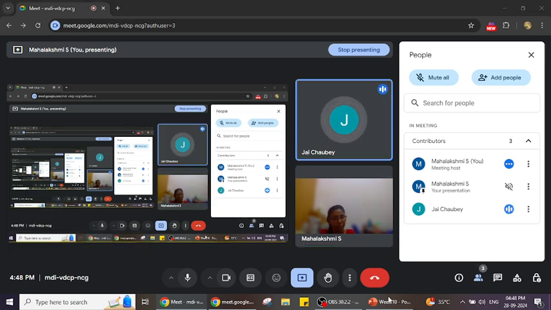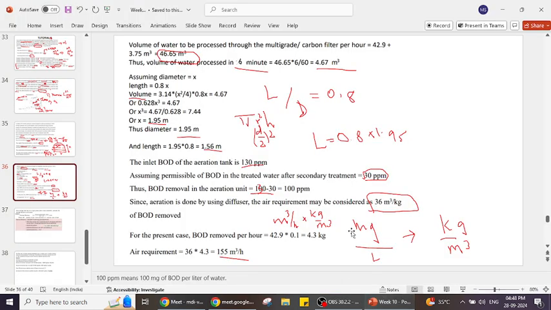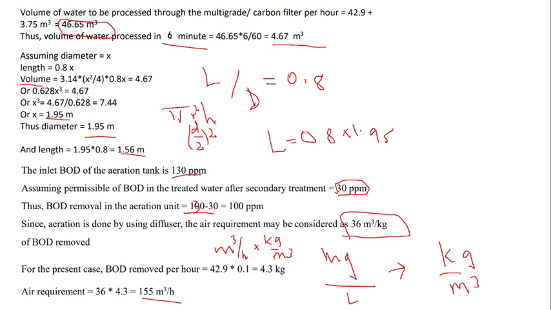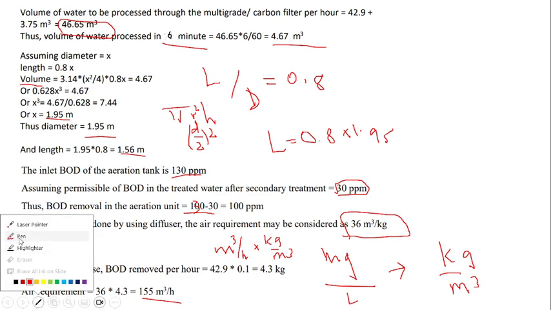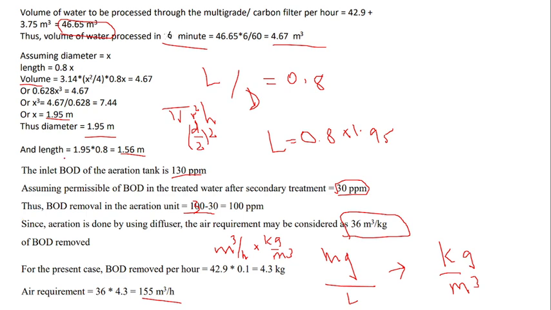Okay. Ma'am, please explain BOD removal. Where did you get the factor 0.1 from? This factor is from the given data only. The only data related to BOD given is 130 ppm. So inlet BOD is given, outlet BOD is not given. So we are assuming that the permissible level of BOD in the treated water after the secondary treatment is 30 ppm.